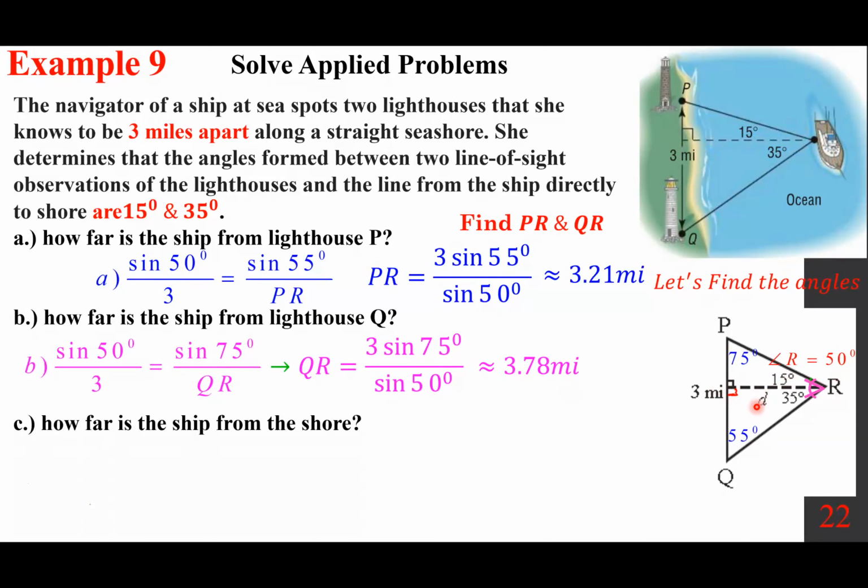So what I want you to notice is that we are going to use one of those triangles. I'm going to use this one, everybody. P, R, with the distance D.